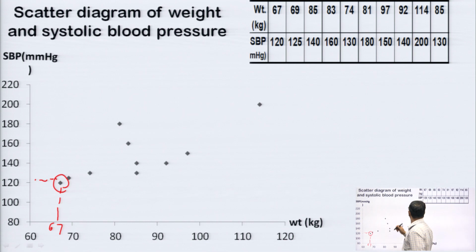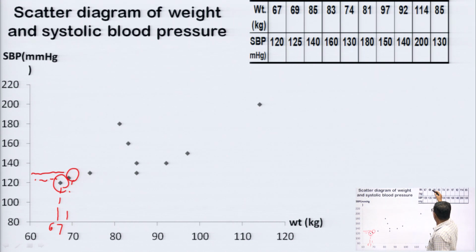Next is 69 and 125. 69 is here and this is 125, we move like this and we get the second point. So, this is the first point coordinate, this is the second point coordinate, and we mark each coordinate by a cross or a dot. For example, next for 85, 85 is here and for 85 the value is 140.